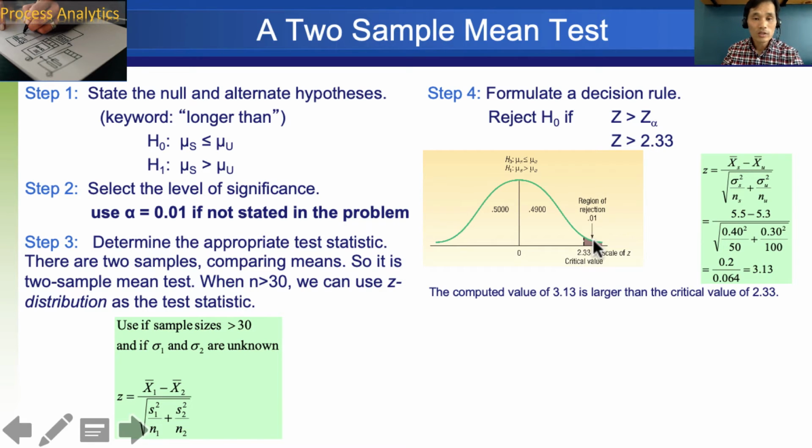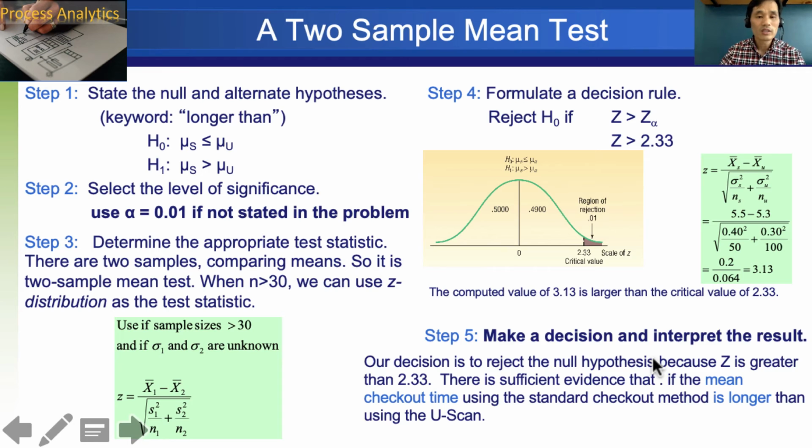3.13 falls into this rejection area, right? It's a right tail test, and the shaded area is the rejection area, and we see that it's falling into this rejection area. Therefore, what's the conclusion? You rejected the null hypothesis, meaning that the U-scan system is taking shorter than standard system.